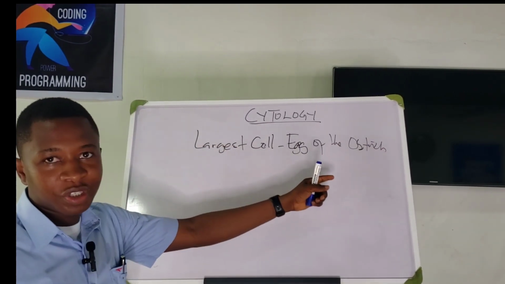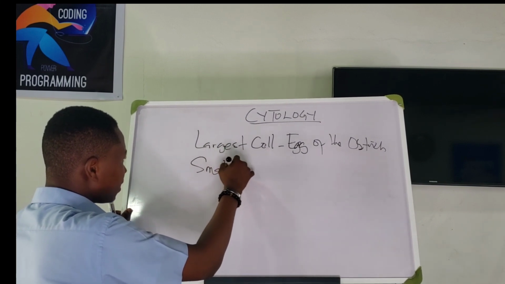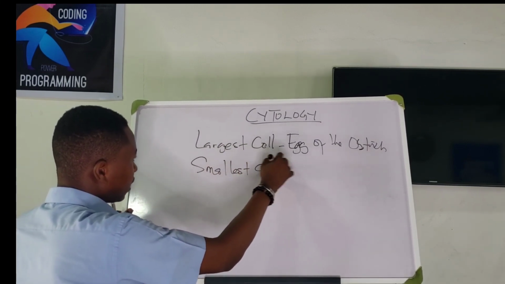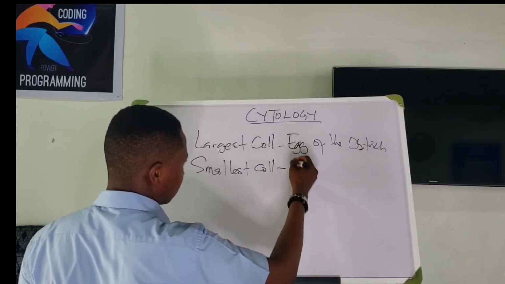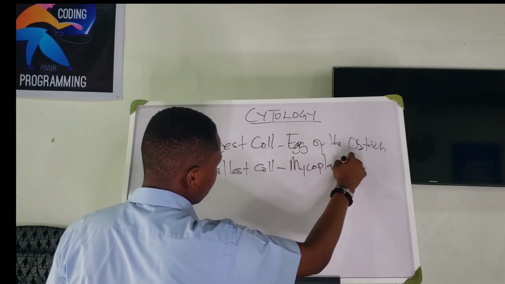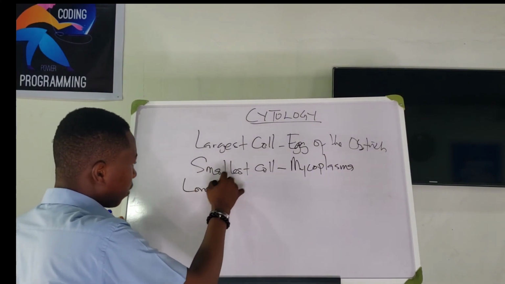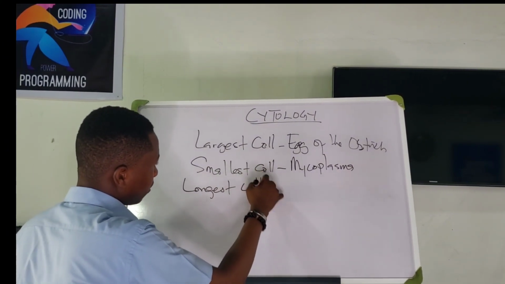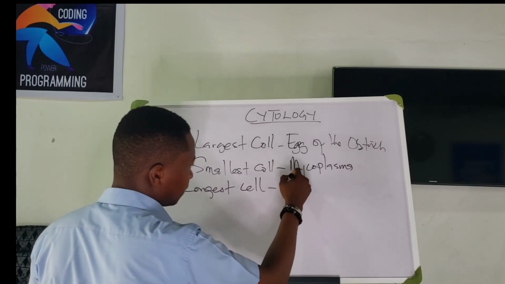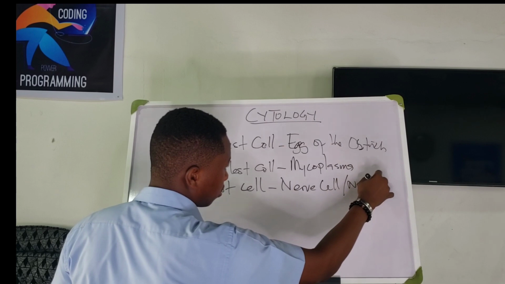The egg of the ostrich is the largest cell. The smallest cell is known as the mycoplasma. The longest cell is known as the nerve cell. You can also call them neuron.